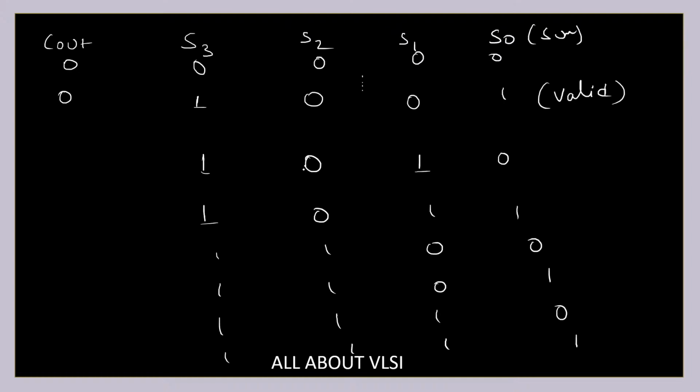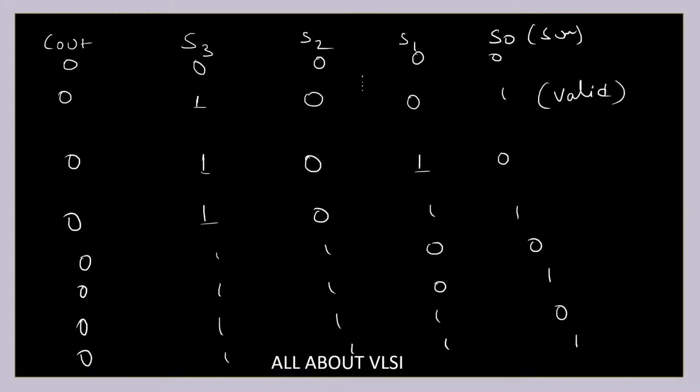And then 16, 17, 18, and 19. So these are all the invalid outputs which should be discarded by adding plus 6. Okay, so this should be resolved by adding plus 6. This is what our requirement is, right?